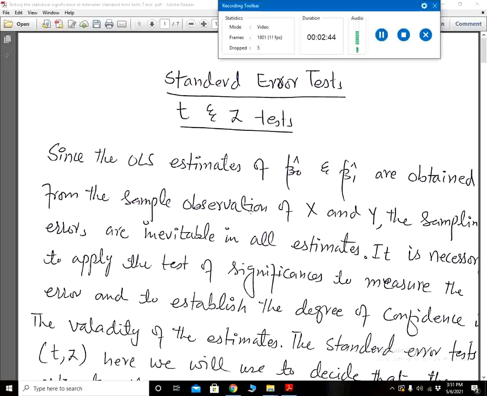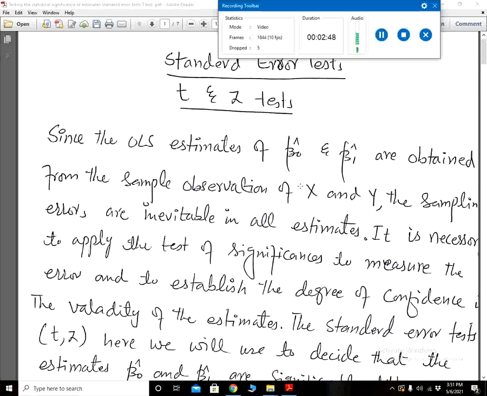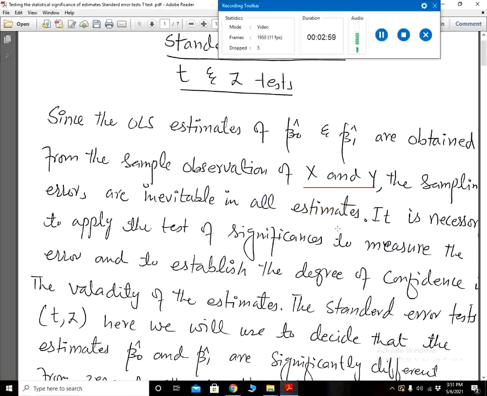Since OLS estimates of beta naught and beta 1 are obtained from sample observations of x and y, the sampling error will persist in all estimates. Of course, previously we studied that the estimates of beta naught cap and beta 1 cap are obtained through sample observation, and from the population we can draw n number of samples, thousands of samples, and the values of beta naught and beta 1 vary from sample to sample.